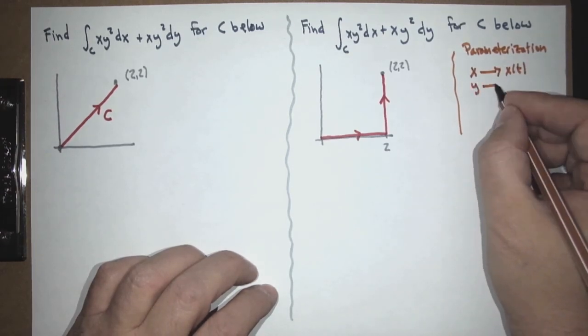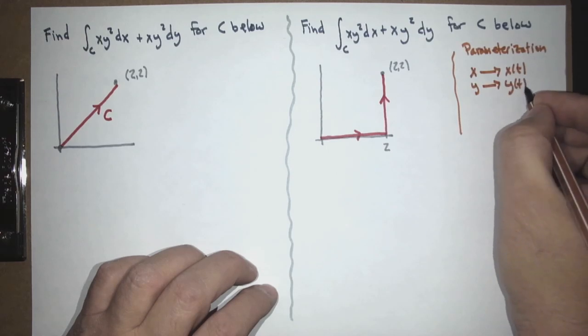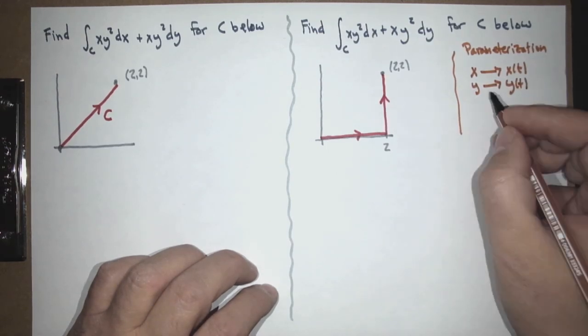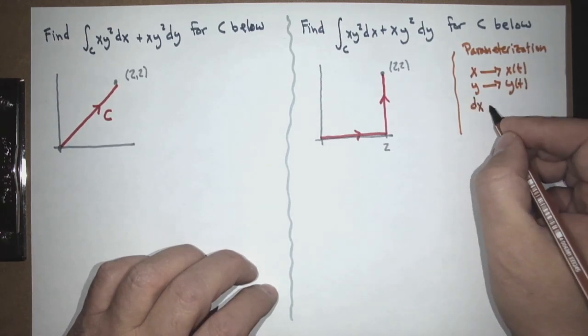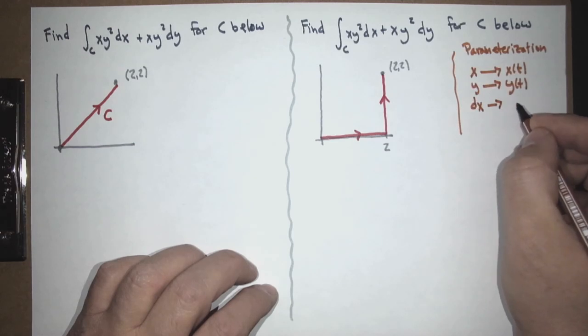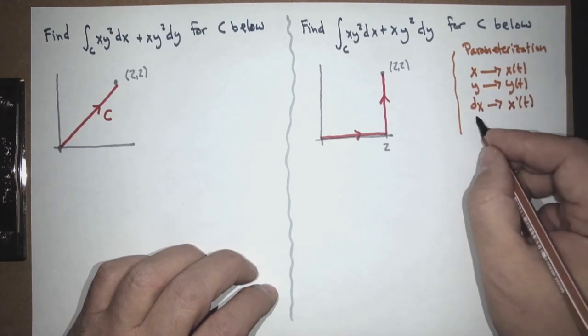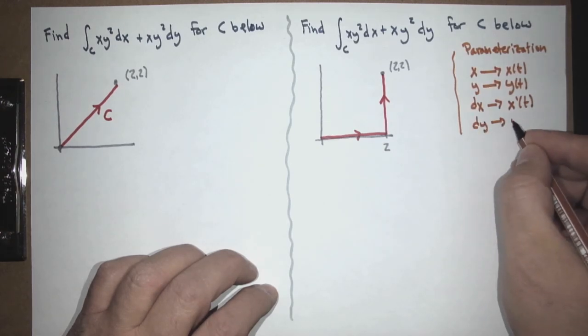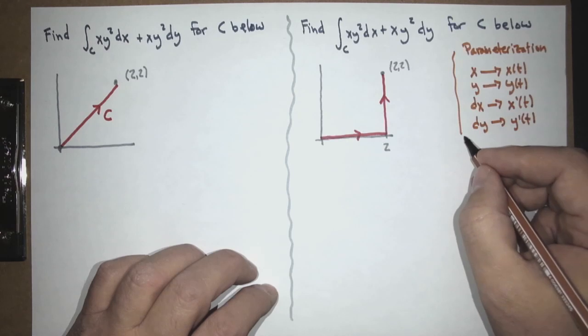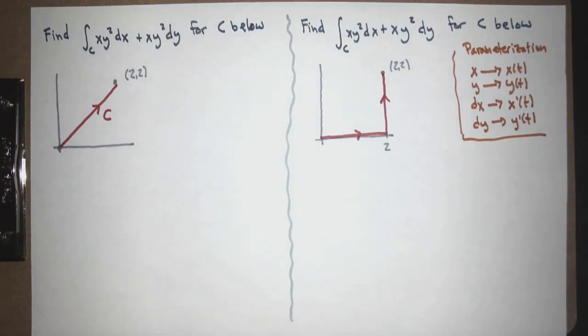Everywhere where you see a y, replace it by the y of t from the parameterization. Everywhere where you see a dx, any guesses? It'll be x prime of t. And dy becomes y prime of t. All right. And if they don't give you a parameterization, you have to come up with one. So make it nice. Be nice to yourself.